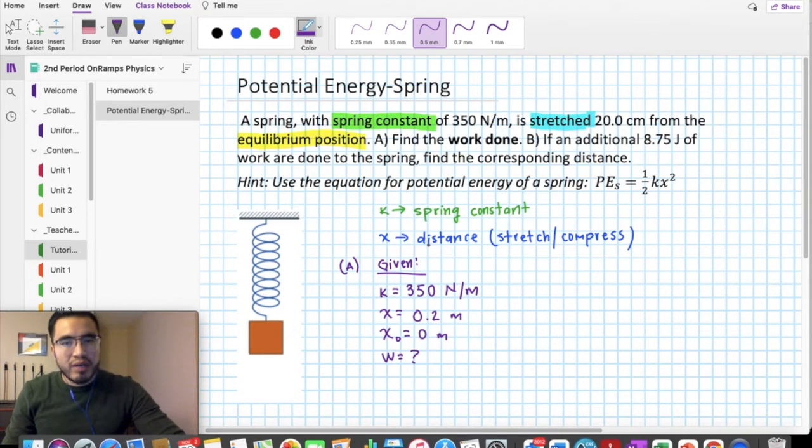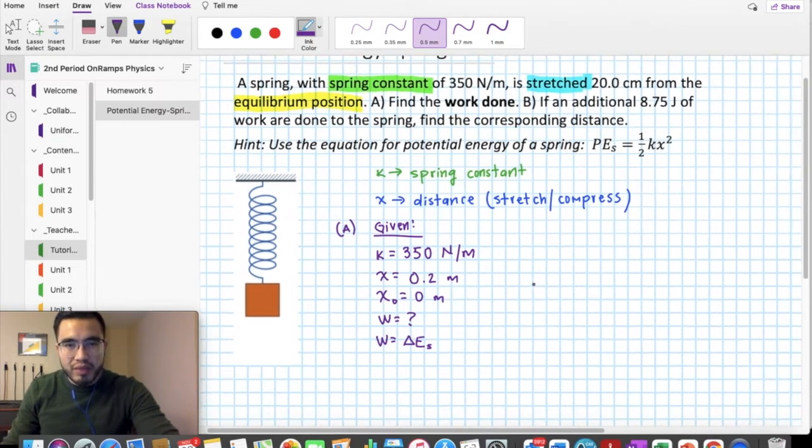And then we added a few things by saying that anything that leads to kinetic energy. And then for this one, we can get away by saying that the work done will be the change in energy of the spring. And we know that the spring has potential energy. Therefore, the work done will be the change in potential energy of the spring.